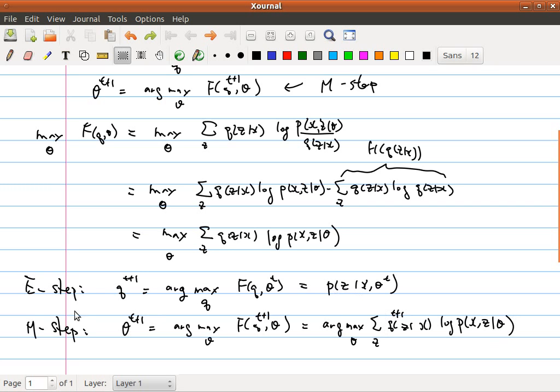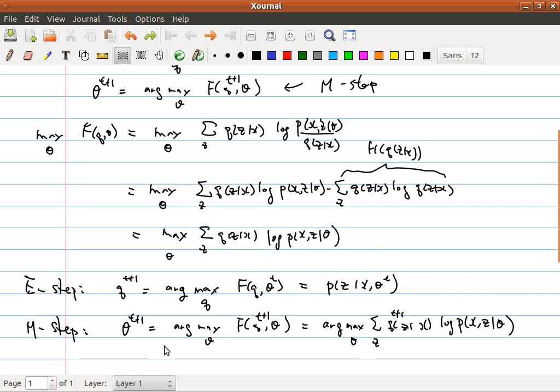Roughly speaking, the names E step and M step come from the fact that in the E step we are really computing the expected membership, as you can think of in the Gaussian mixture model, where Z is the membership. So this is computing the expected membership given the observation X and the current estimated parameters.